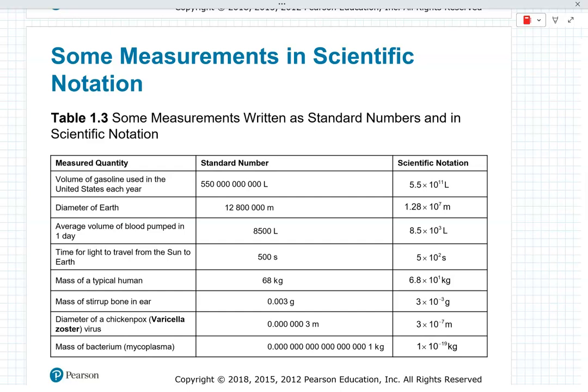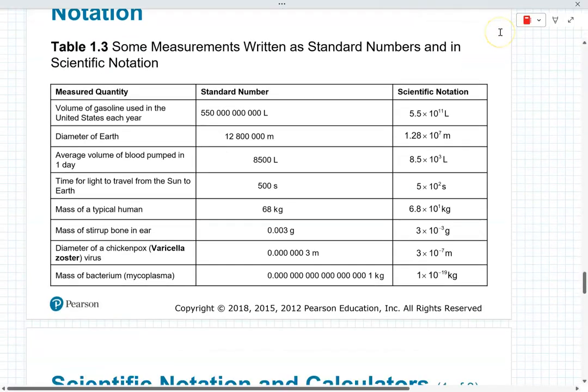Like the diameter of the Earth, 12,800 kilometers or 12,800,000 meters, or you can write it as 1.28 times 10 to the power of 7 meters. I'm becoming dyslexic today.